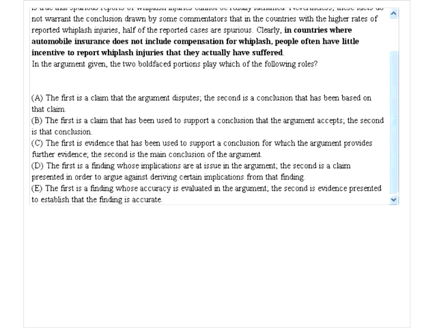Basically the first finding, you don't have to be super quantitative with it, just say people report whiplash more in countries where they'll be paid for whiplash.